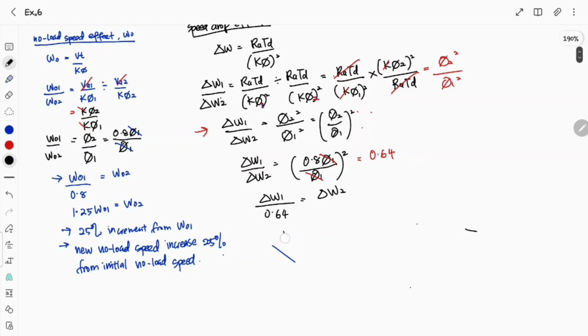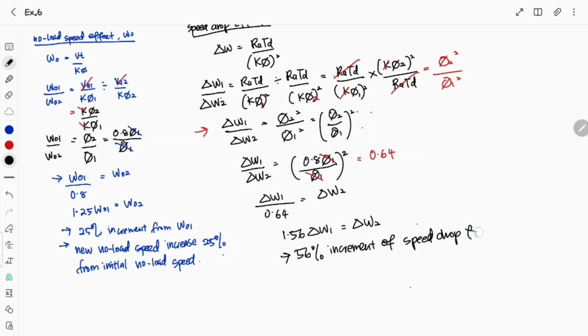You will get 1.56 equals to delta omega 2. Okay, so for 1.56, what does it mean? It means it is a 56% increment of speed drop from initial condition.